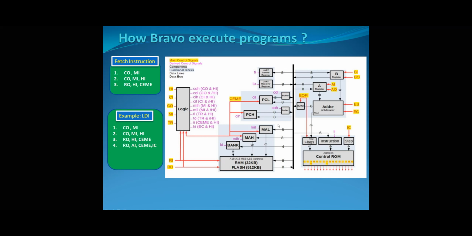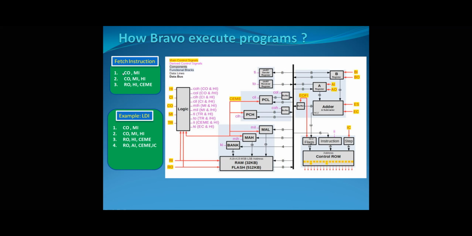Now after that, if you, let's say, build Ben Eater's 8-bit computer, we normally go to the next step, which is step number 3. However, remember in Bravo, we actually have a concept of the high byte and low byte. So we actually have to repeat the same step 1 again, but this time we need to set the HI signal high.